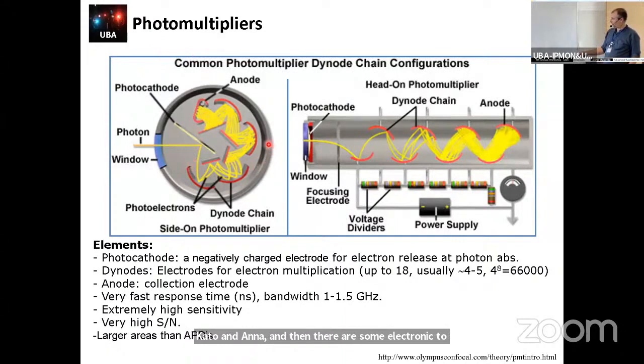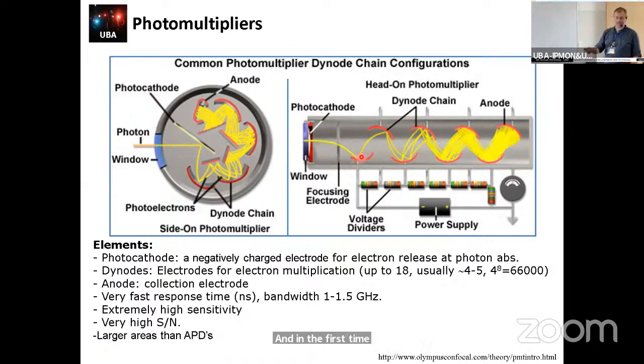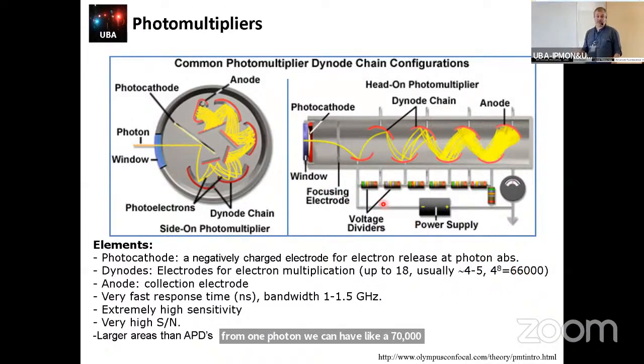And when the photon hits the photocathode, this releases a photoelectron that will hit the first diode, and in the first diode, it will start to amplify the signal. And how much can this be amplified? Well, from one photon, we can have like 70,000 photoelectrons. So we amplify quite a lot.